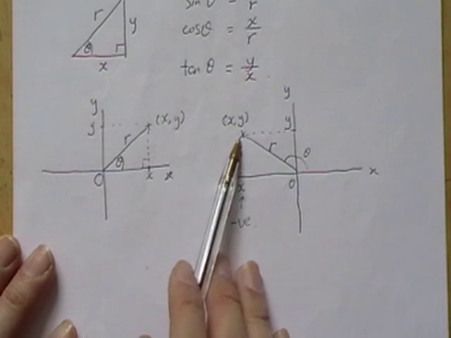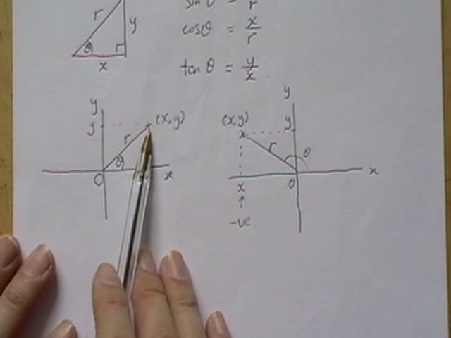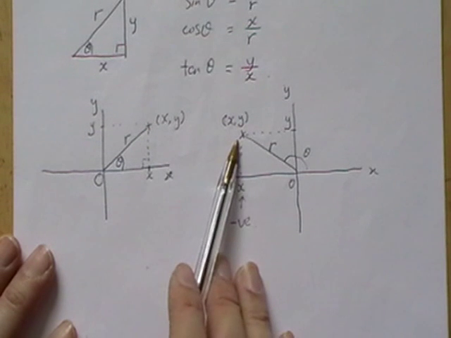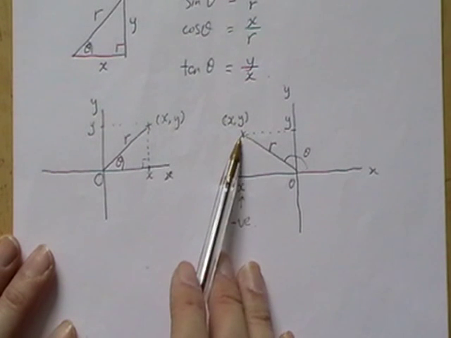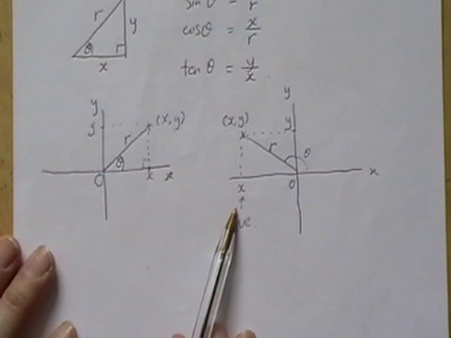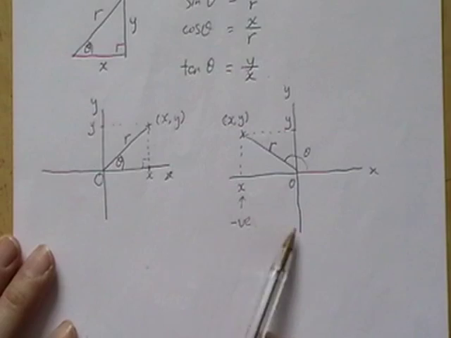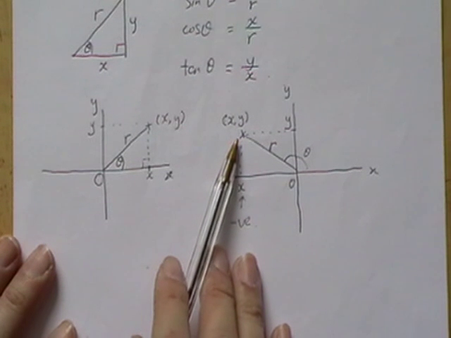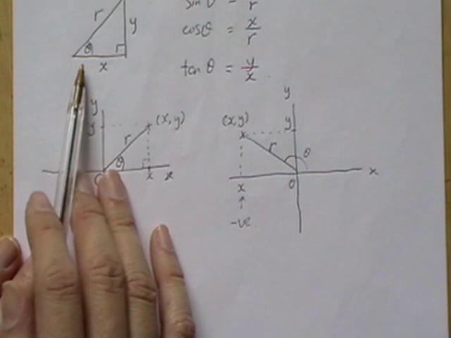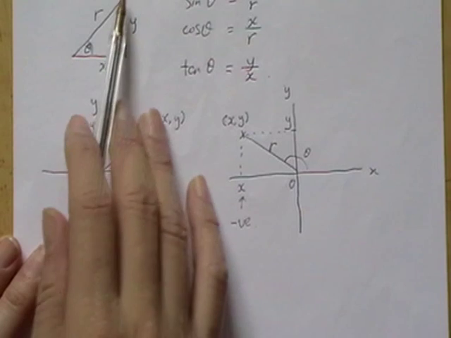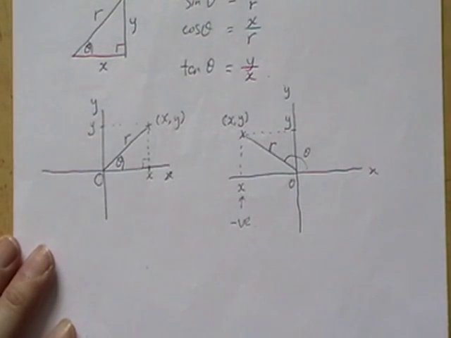But because we are now extending the meaning or generalizing it to mean the coordinates of this point, we now make it possible for x to have a negative value. So that means that when we generalize the meaning in this way, we would not think about x and y as just the sides of a right-angled triangle anymore.